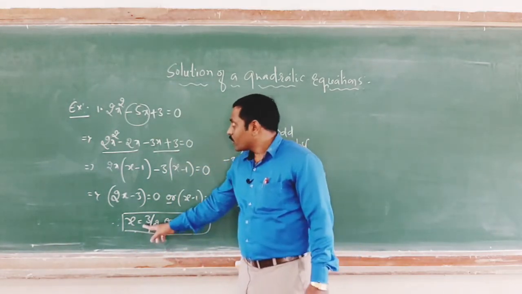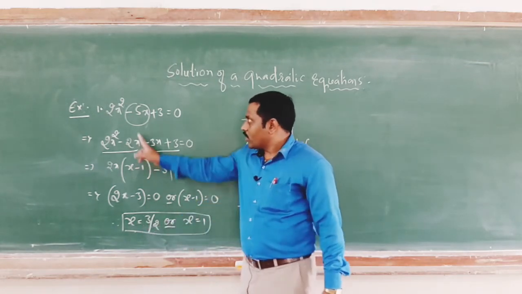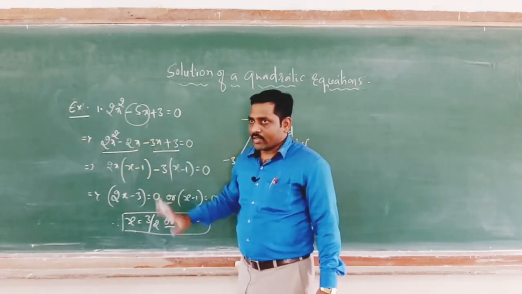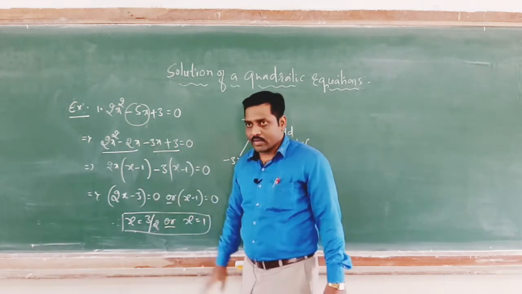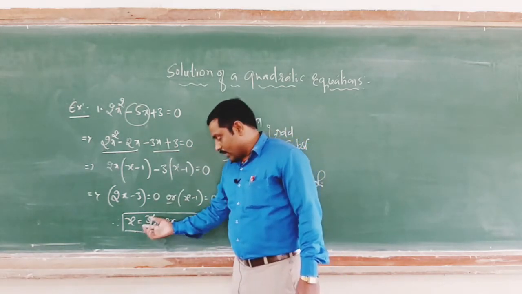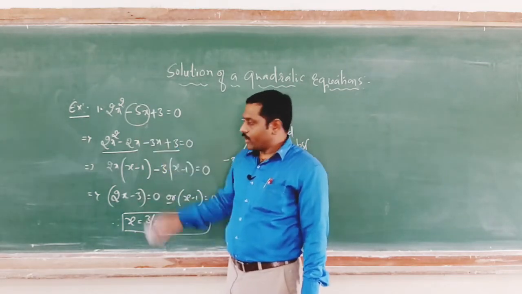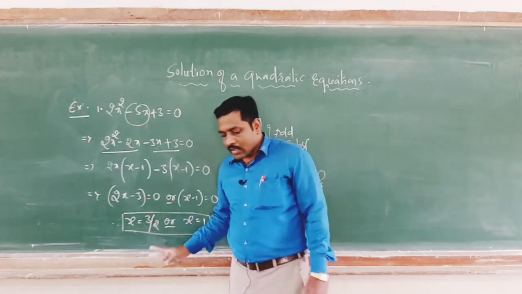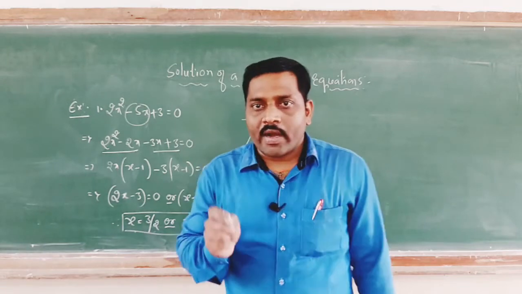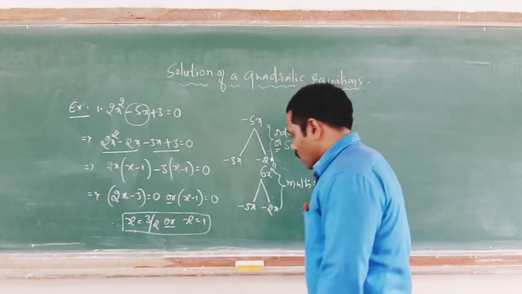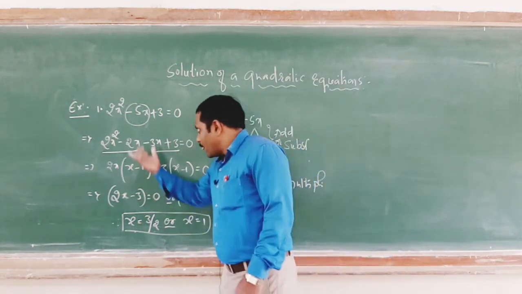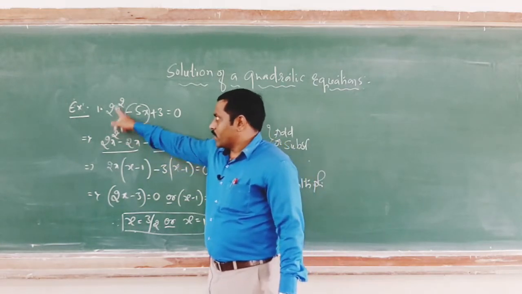So x is equal to 3 by 2 or x is equal to 1. These are the solutions of this quadratic equation, or these are the roots of the quadratic equation, or these are the zeros of the quadratic equation. So how do we find them?